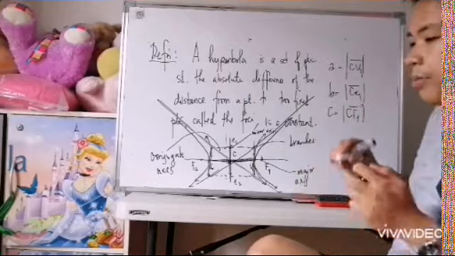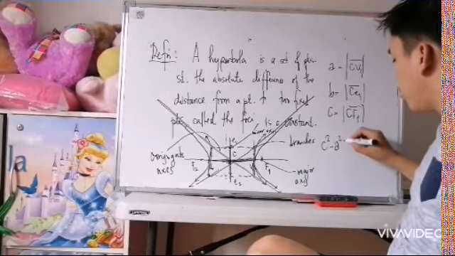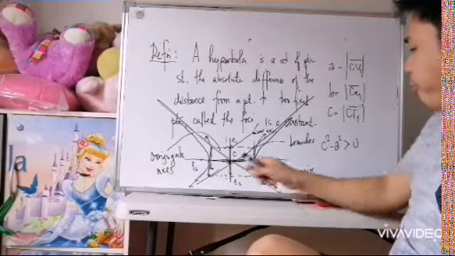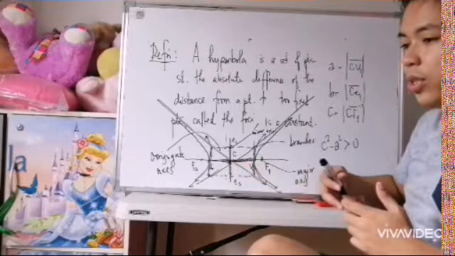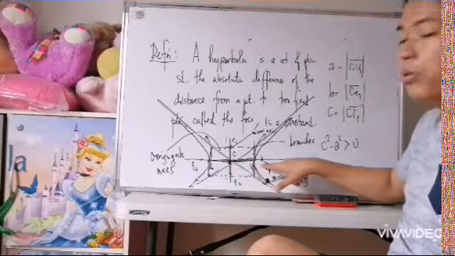That's it. Observe that C squared minus A squared should always be greater than 0. Why? Because the distance from the center to the vertex is lesser compared to the distance from the center to any focus.